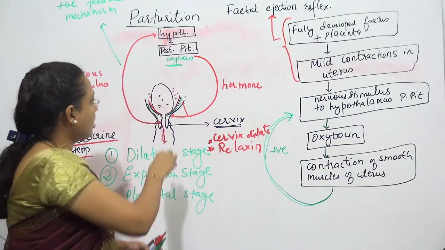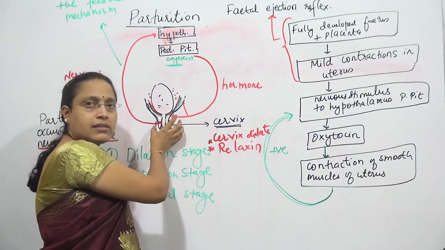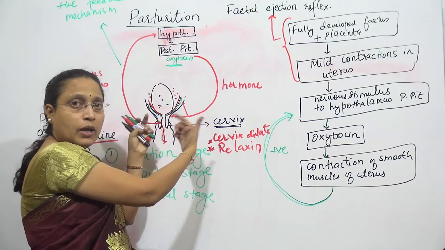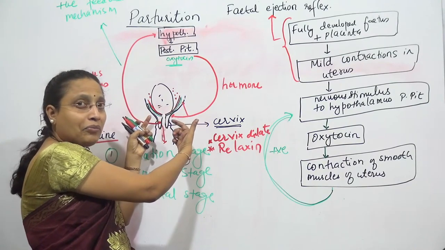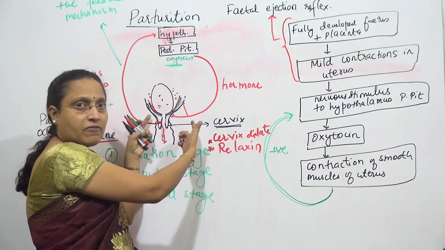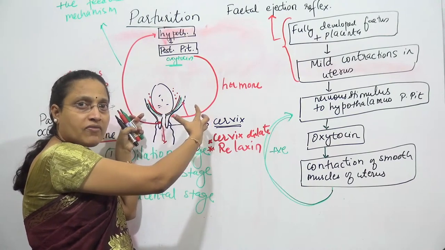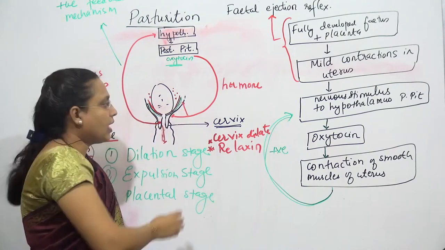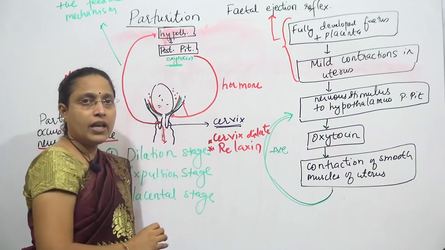Now what does that relaxin do? It will widen the cervix. And just near to it there is a pelvic bone, and there is a joint called the pubic symphysis. It will loosen that pubic symphysis so that it becomes wider, and it becomes convenient for the delivery process.